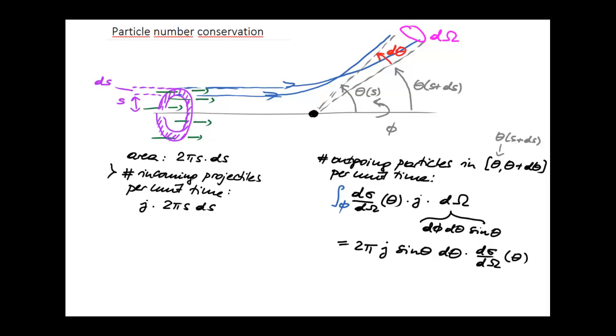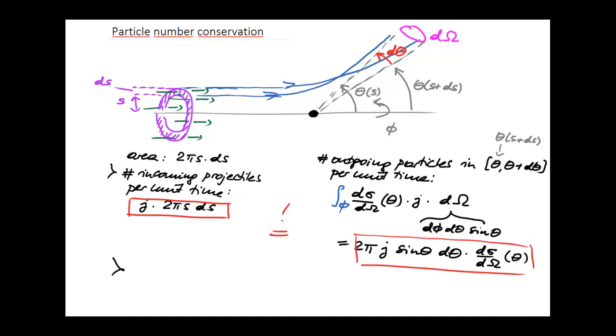Particle number conservation says that the number of incoming projectiles must equal the number of outgoing projectiles. So this expression here and that expression there must be equal. That's particle number conservation.